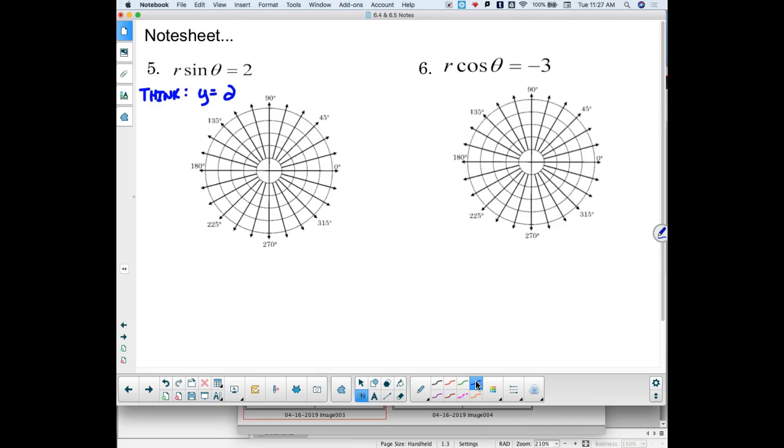So it's a horizontal line, 2 radiuses down from the pole, right? Oh, 2, it should be up. I'm sorry, I saw the negative, I was looking ahead. I'm so wrong on that. Up from the pole.